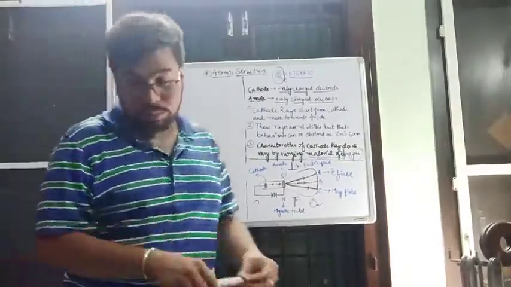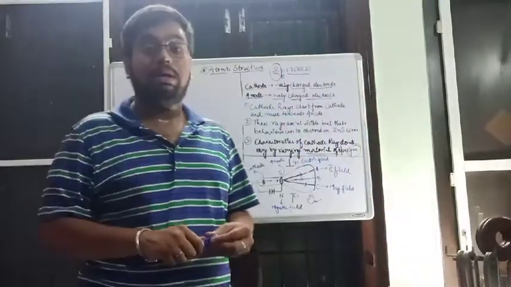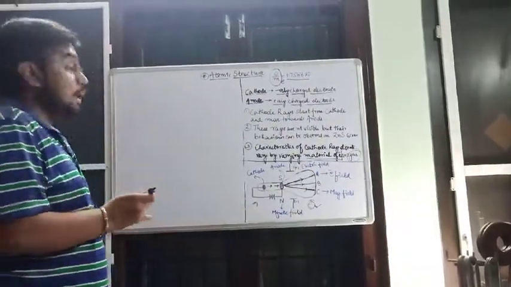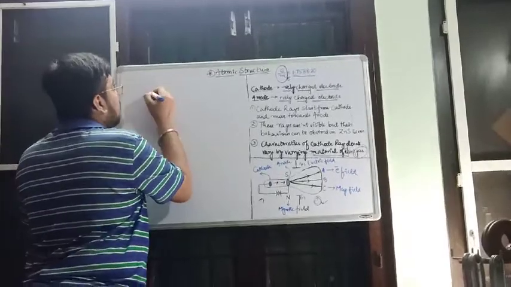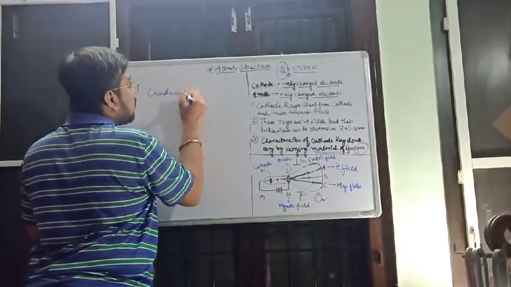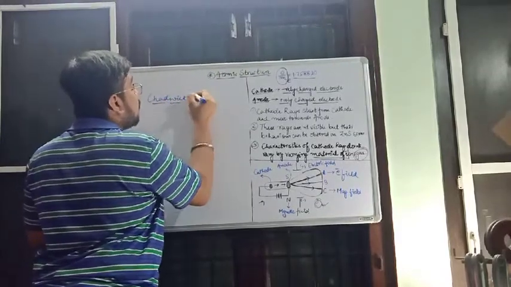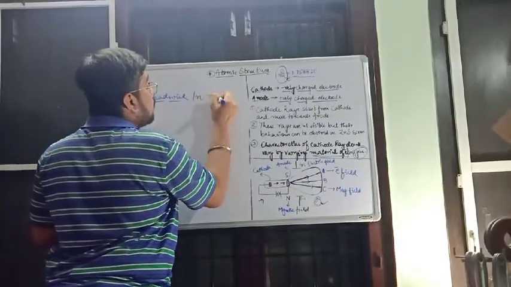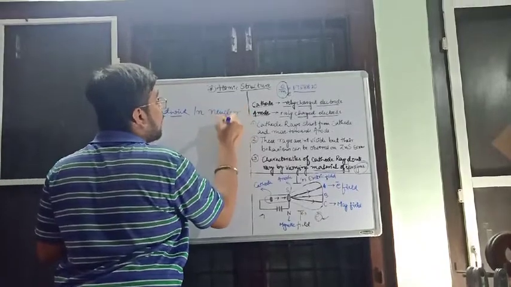And now we will be going towards the discovery of the neutron. The neutron was discovered by Chadwick in a nuclear reaction.